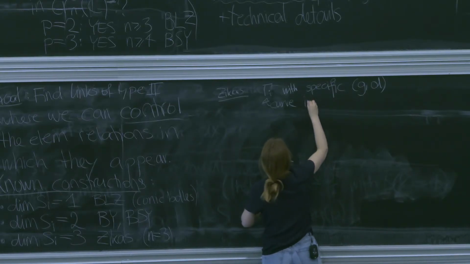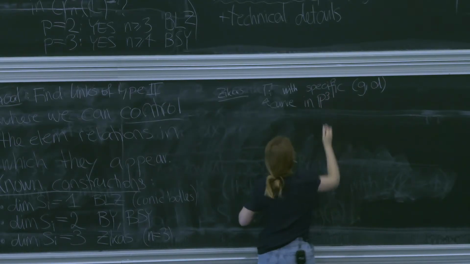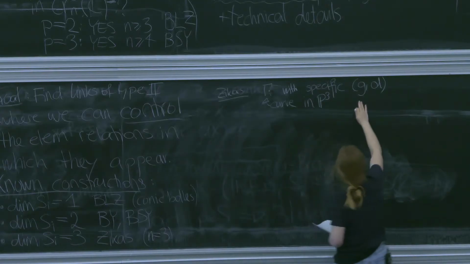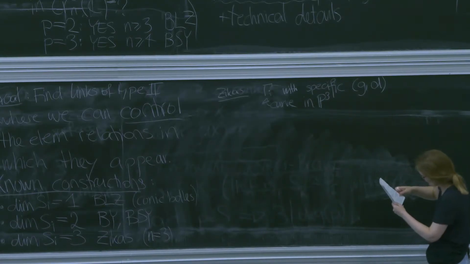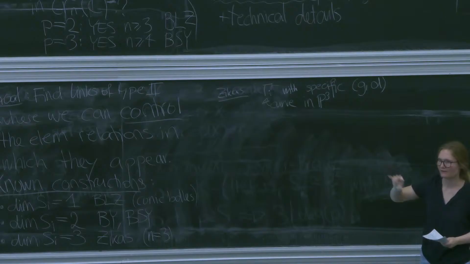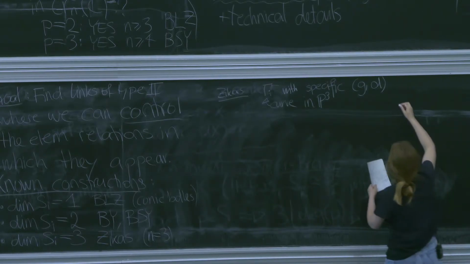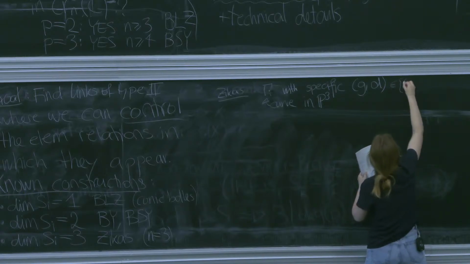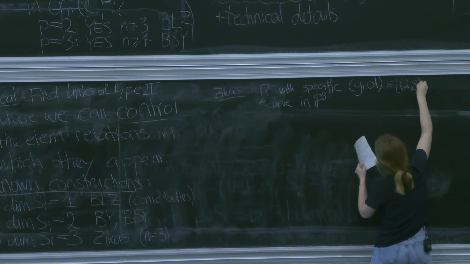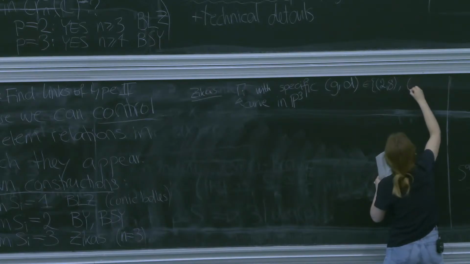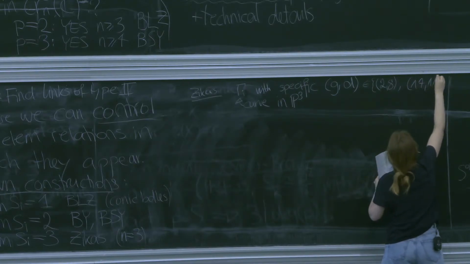A curve in P3 with specific genus and degree, and he has several values for which his construction works, and I only noted down two of them. So (2,8), for example, and (14,11), and there are some others in between.